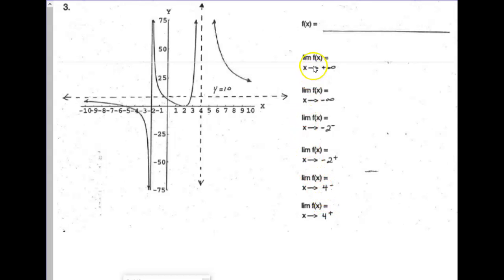The limit of your function as x approaches positive infinity is asking you to look at the far right behavior of your function. So along the far right side here, what value does your function seem to be approaching? Seems to be approaching a 10, yes, and that's exactly how you would answer that question in calc. It's approaching 10.